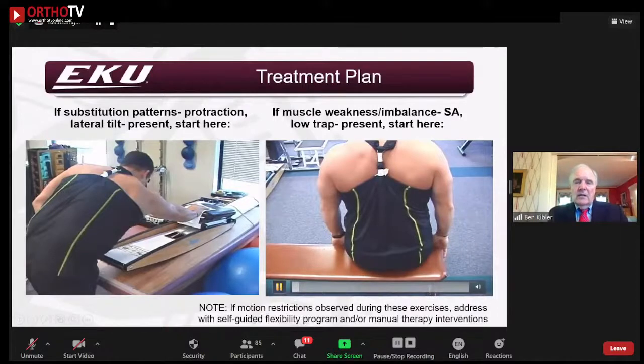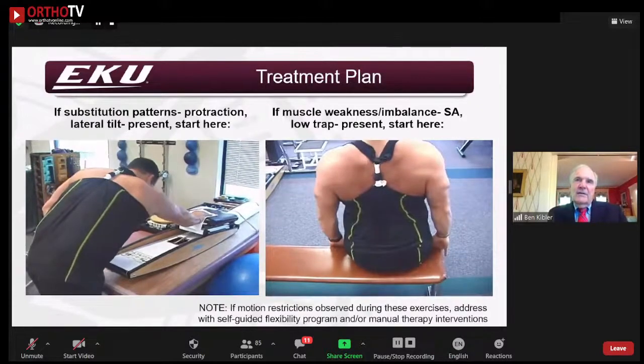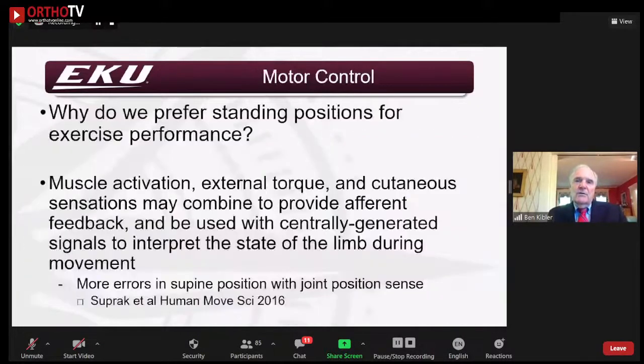We like standing positions because it activates in the way that the body activates, using a hip and trunk to facilitate the position and motion of the scapula and the arm.